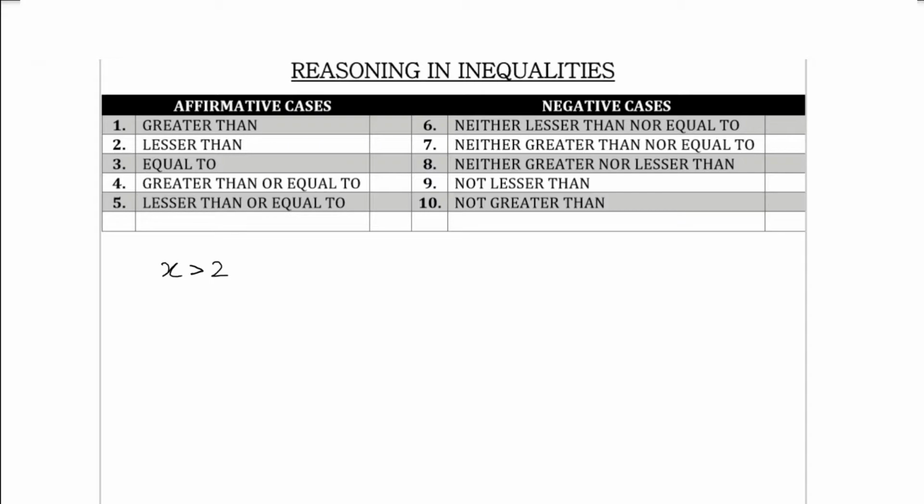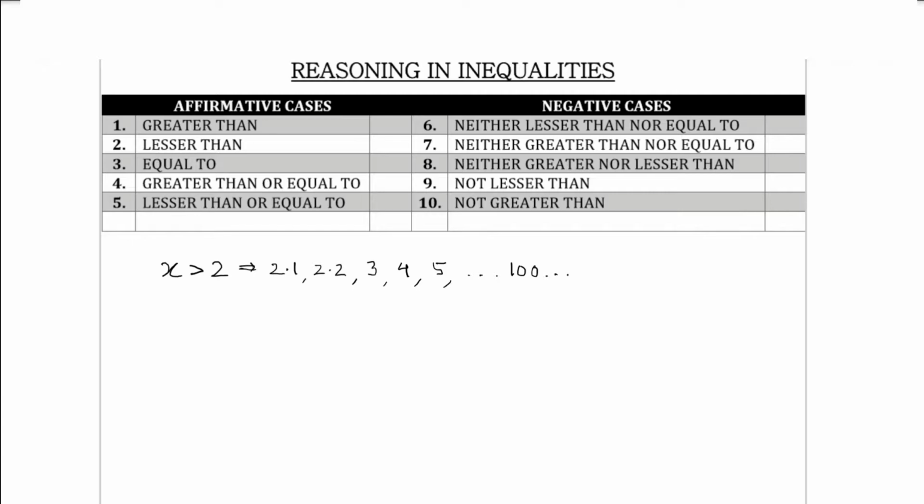So when we say x is greater than 2, what do we mean to say? If I say a number like 2.1, 2.2, 2.3, 3, 4, 5, 6, 100, etc. These are all numbers which are greater than 2, and they are real numbers. Right? But we are not saying that the number is equal to 2.